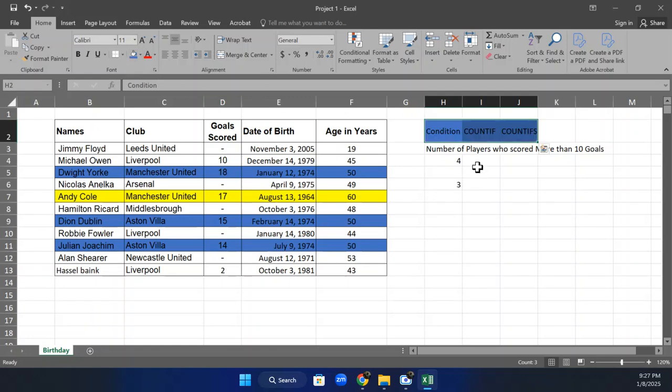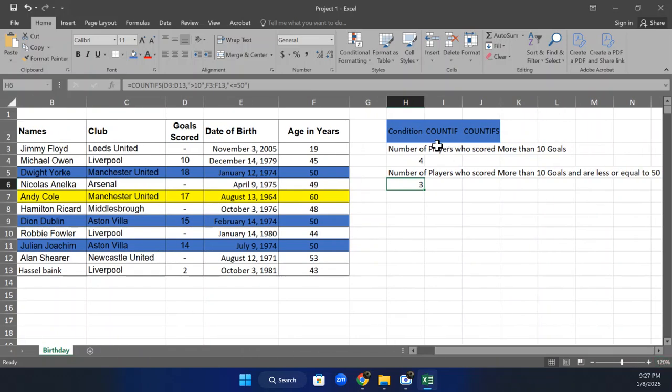So today this is what we looked at: players who scored more than 10 goals and are less than or equal to 50 years. So basically that is it.